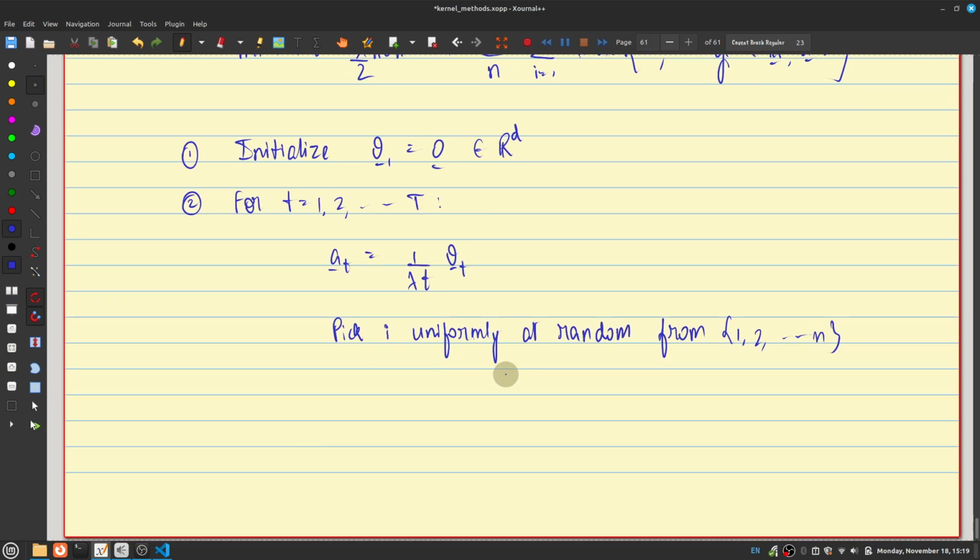And you set theta t plus 1 in the following manner. It is equal to theta t if yi times the inner product of a transpose xi is greater than or equal to 1, and it is equal to theta t plus yi xi otherwise.